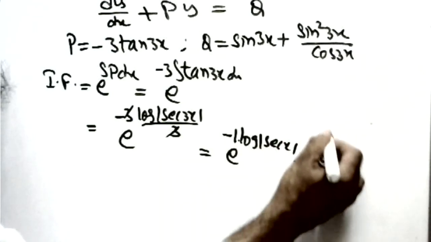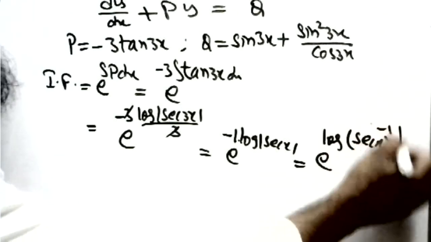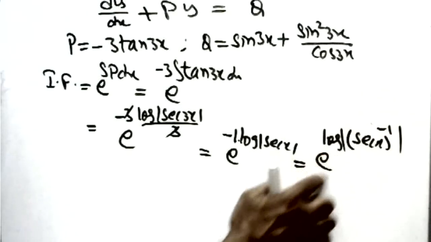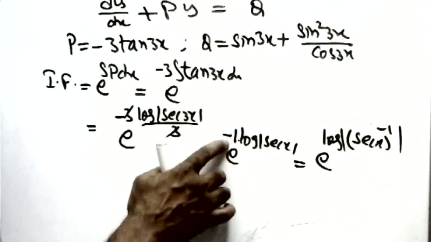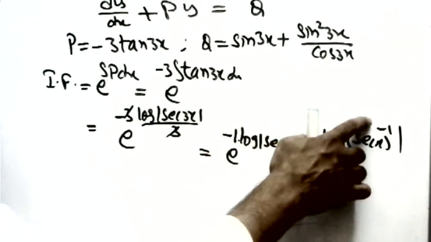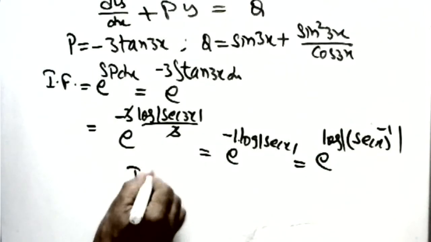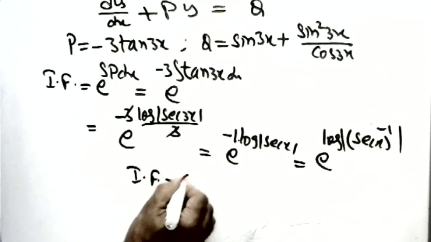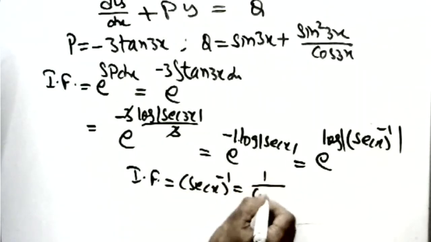So first we take out this minus, and it will be e to the power of log of secant x power -1. Before taking out the minus, e and log cannot get cancelled. First you take out this minus, so it goes in the power. Now e and log will get cancelled. So what is left here? Integrating factor equals secant to the power of -1.